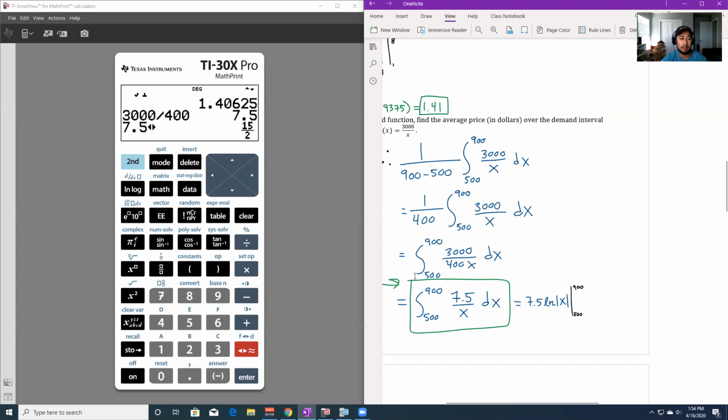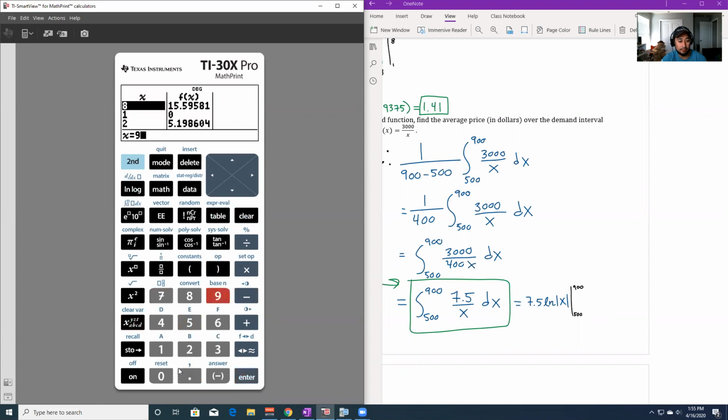So let's type in your calculator: table, clear, 7.5 natural log x. You don't have to worry about putting absolute value, just put x. Enter, enter, enter, enter, enter.